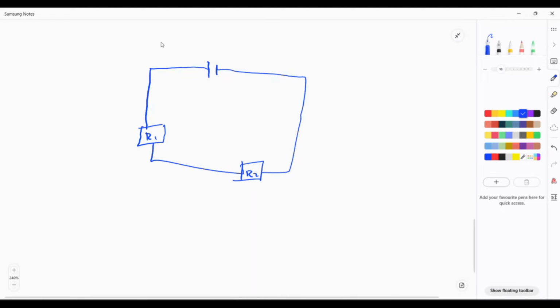We're going to add R in series. So the added resistance, I will indicate it using a red line. This one is added. Now, what's going to happen? This is the question.